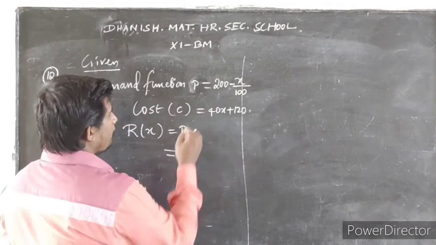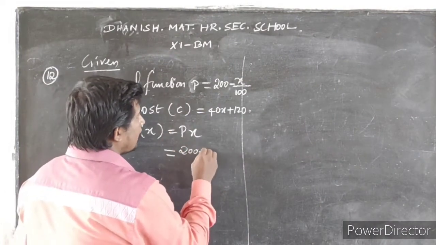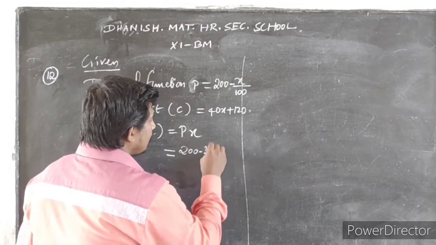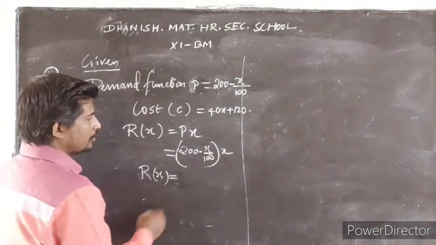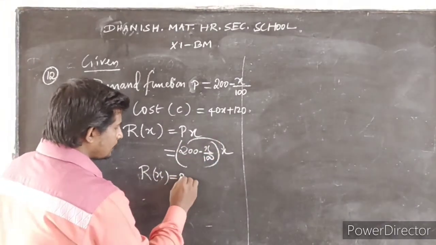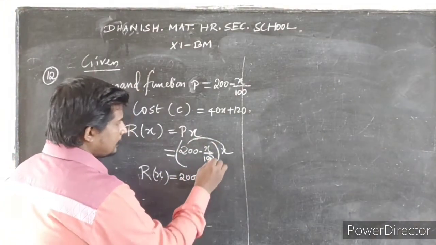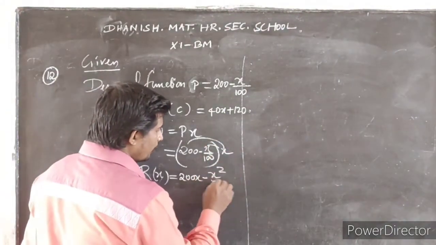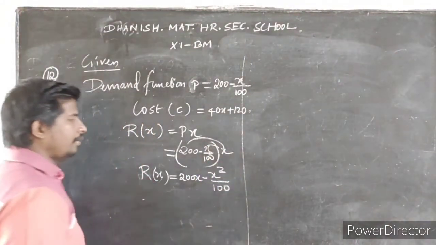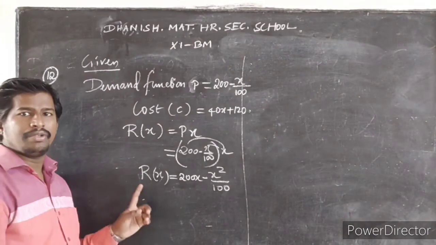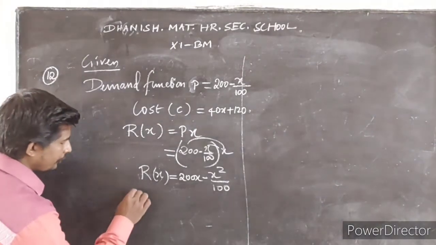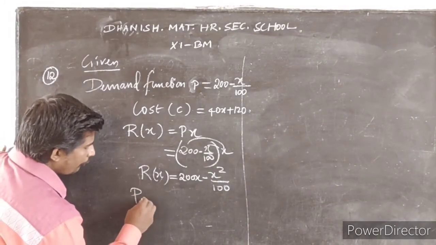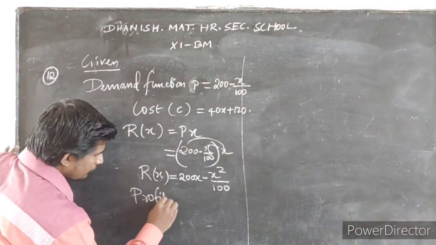What's our P? 200 minus x by 100, into x. R of x equals 200x minus x square by 100. We got our revenue function. Now I'm going to find the profit function.